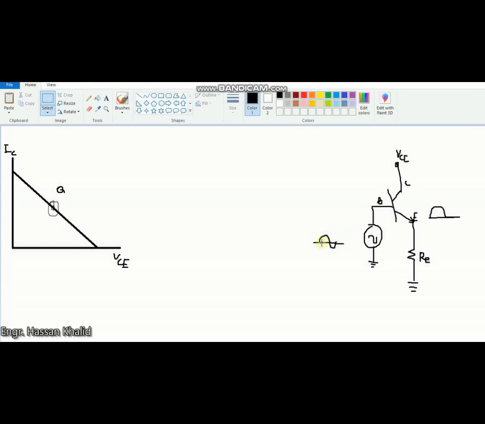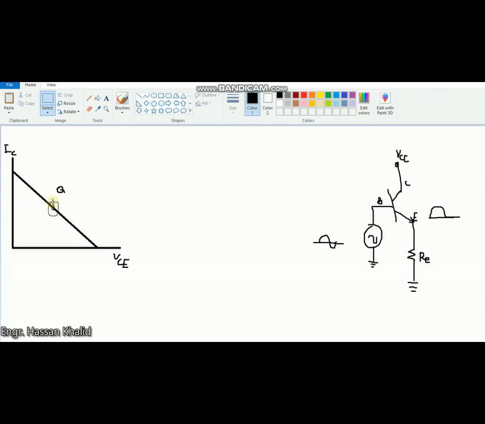That means only the positive side, from 0 to 180, will be amplified at the output, and the rest of the cycle, in the negative region from 180 to 360 degrees, will not be amplified. That is why we call this a class B amplifier, which operates only in the 180-degree conduction region.